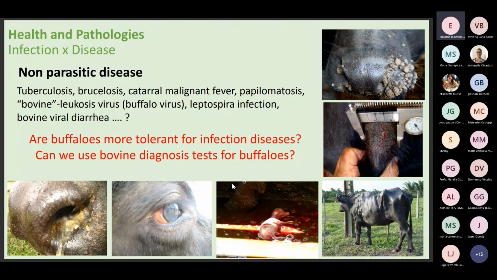And maybe we have not a bovine leukosis virus, but a buffalo virus, because we have the clinical signs, but the animals are not positive for the test of bovine leukosis virus. Leptospira infection, bovine viral diarrhea. So buffaloes, we need to understand, in some situations are more tolerant to infections, more resistant to infections, but they can have all these diseases of bovine, and it is worse because buffaloes have specific diseases, just like I tried to show. Haematopinus tuberculatus, Paramphistomum, Gigantocotyle, Parafilaria nodulosa is a very important worm specific to buffalo, and other diseases.